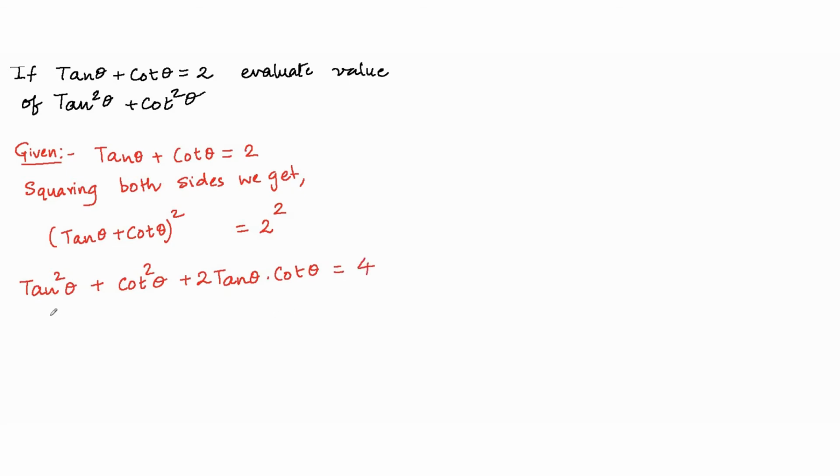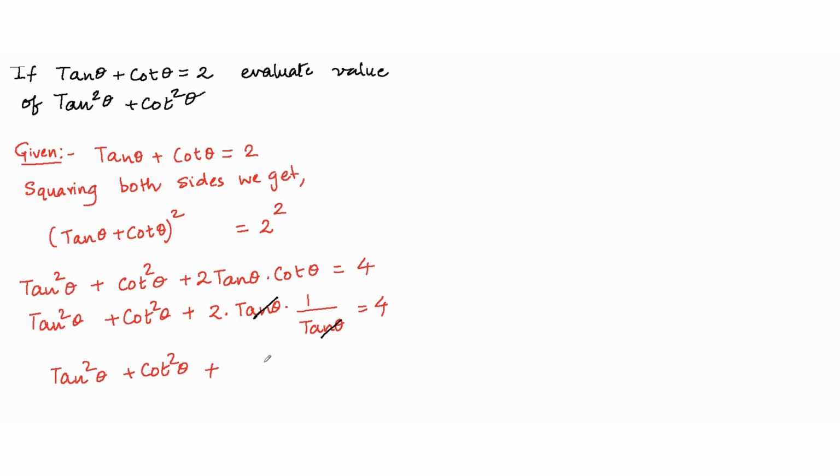And therefore tan square theta plus cot square theta plus 2 times tan theta and cot theta, which is basically 1 by tan theta, is equal to 4. So now I get tan square theta plus cot square theta plus 2 is equal to 4, since tan theta and 1 by tan theta cancel.